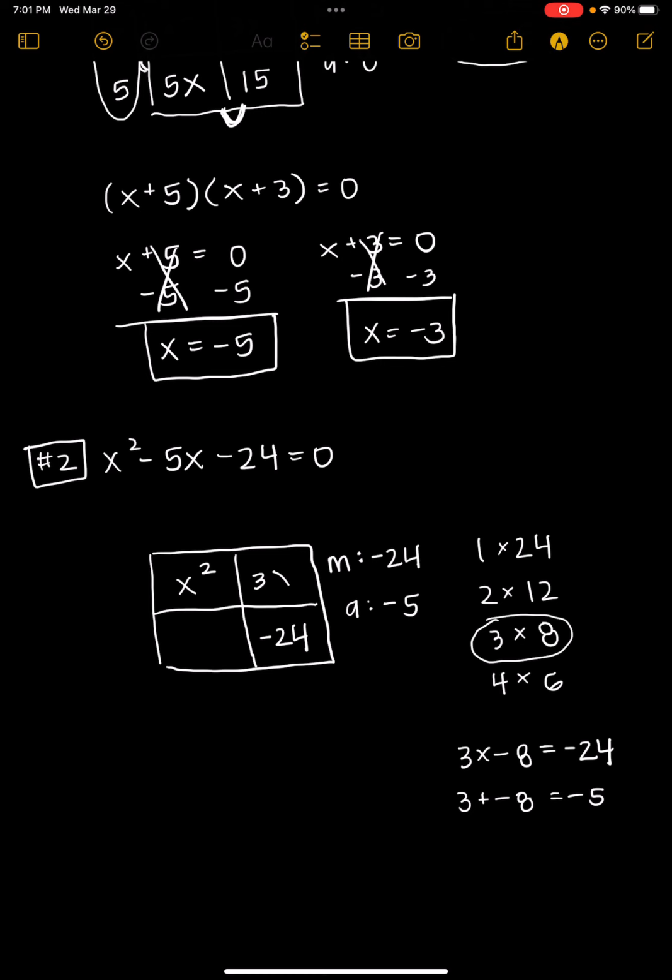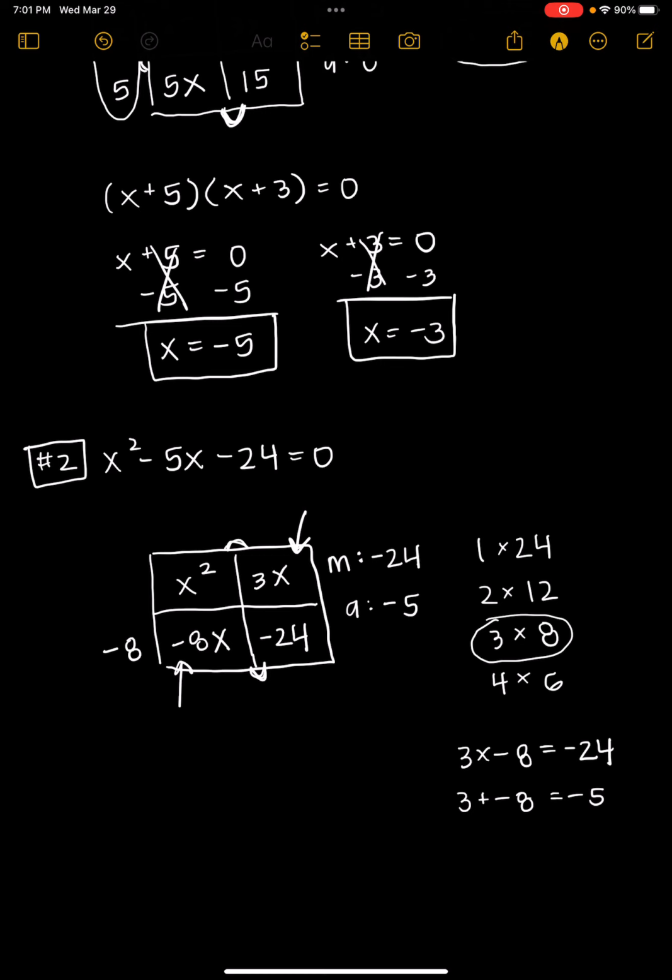I put 3x in one of the boxes and negative 8x in the other box. And then we're going to say, well, what do the bottom two numbers have in common? They are both divisible by 8, but they're both divisible by actually negative 8 as well. So we want to pull the negative out. Anytime that you put a negative inside of one of these boxes, you want to pull a negative out with it.